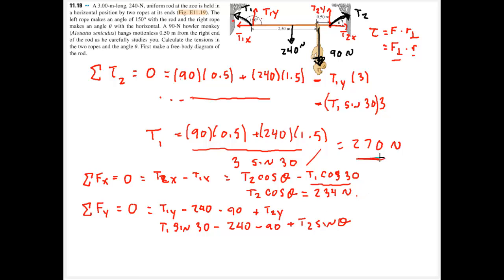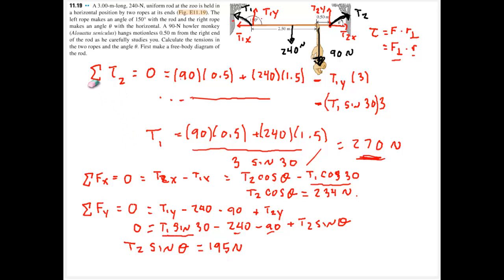So I take my 270 newtons, plug that in right here. All of this stuff is of course equal to 0. So I subtract those, get everything on one side, and I'm left with tension 2 sine of the angle that I don't know must be equal to 195 newtons.